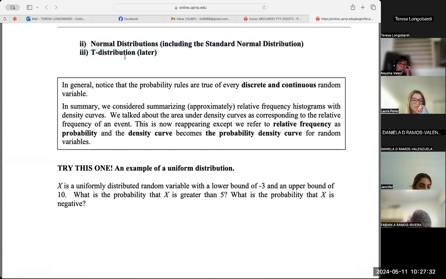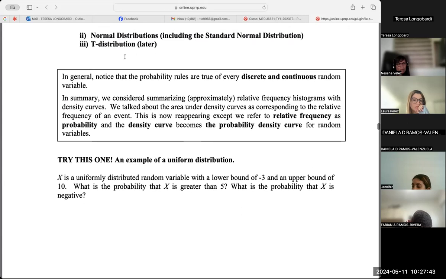Okay, so these are the distributions for the course, and that's it. I'm not going to teach you hundreds of distributions, but if you're interested in statistics, take another statistics course and you'll learn about different distributions. Okay, so let's try this problem. What you're going to do is identify the lower and upper bound and make a rectangle, and then answer the questions.